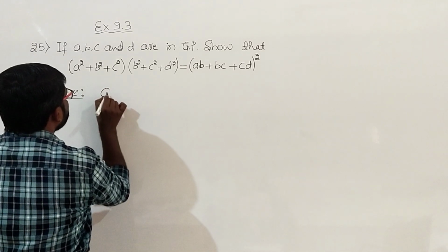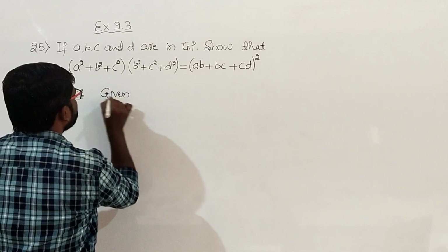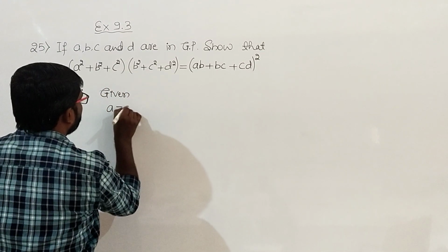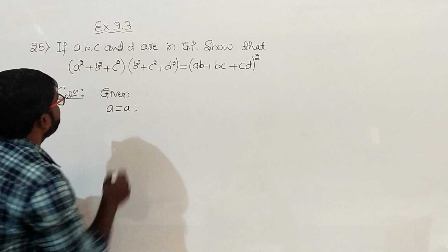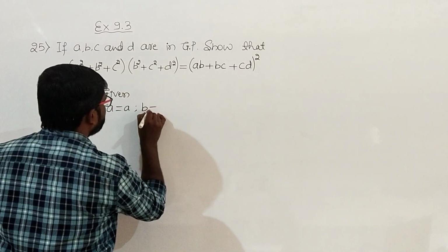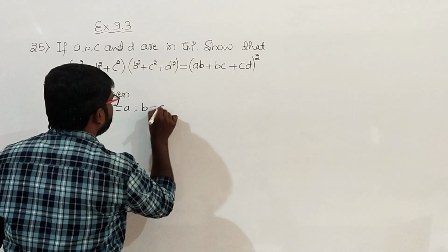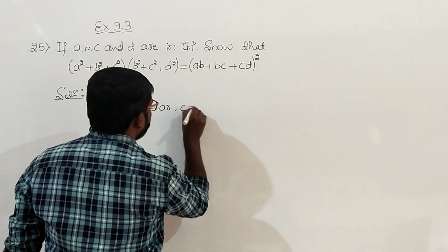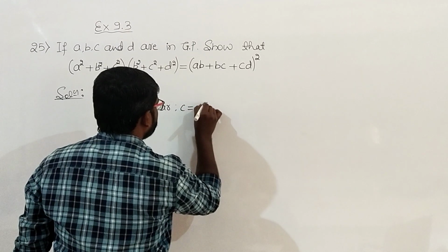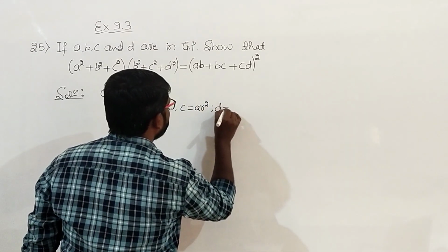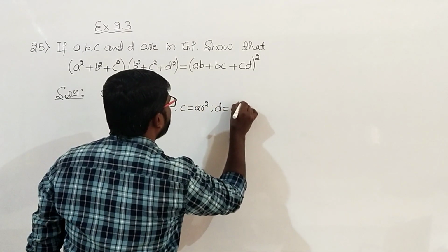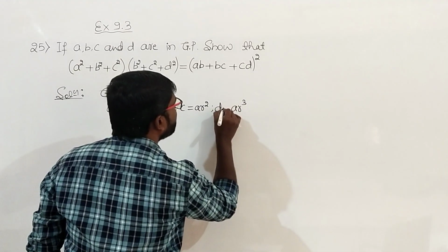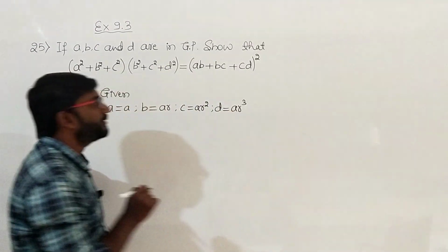So given A equal to A, that is the first term, and then B, that will be the second term, it should be AR, and then C is AR square, and then D is A into R raised to 3.